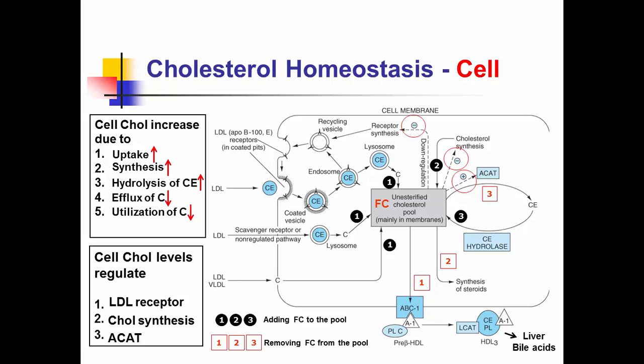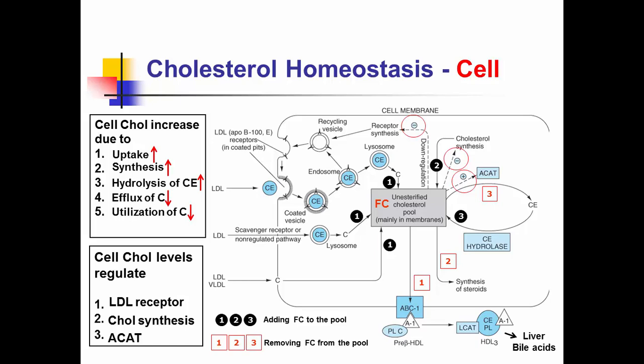And lastly, the utilization of free cholesterol. Free cholesterol can be utilized, for example, for synthesis of steroid hormones. If this utilization pathway is somehow decreased, you also cause the accumulation of free cholesterol inside of the cell, right?